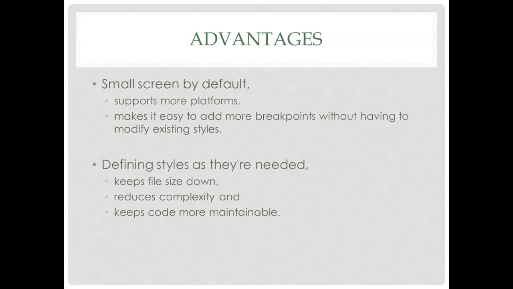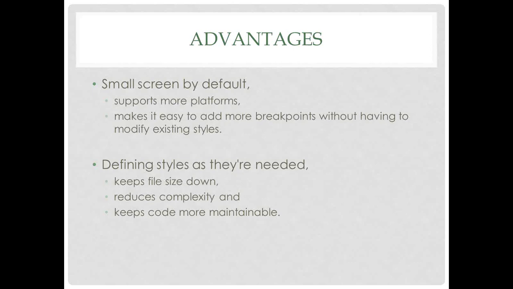So what are the advantages of making styles for smaller screens the default? The major advantage is that some of the mobile browsers like Symbian browsers and BlackBerry browsers don't understand media queries. So if we have a media query for mobile screens separately, then these browsers may miss that, and they may give a feel that is totally irrelevant to what we might have developed.